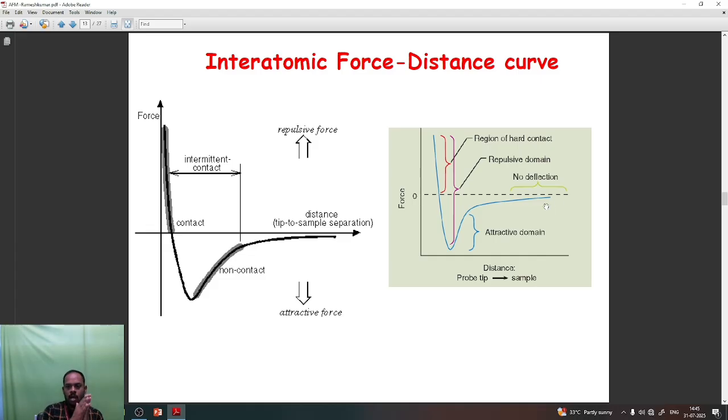When you have hard contact, there will be a deflection in the position of the cantilever, because there will be a repulsive force. At this distance, you still have deflection in the cantilever, and the force will be attractive. And when you have a higher tip-to-sample separation, there will be no deflection. So this is the interatomic force versus distance.